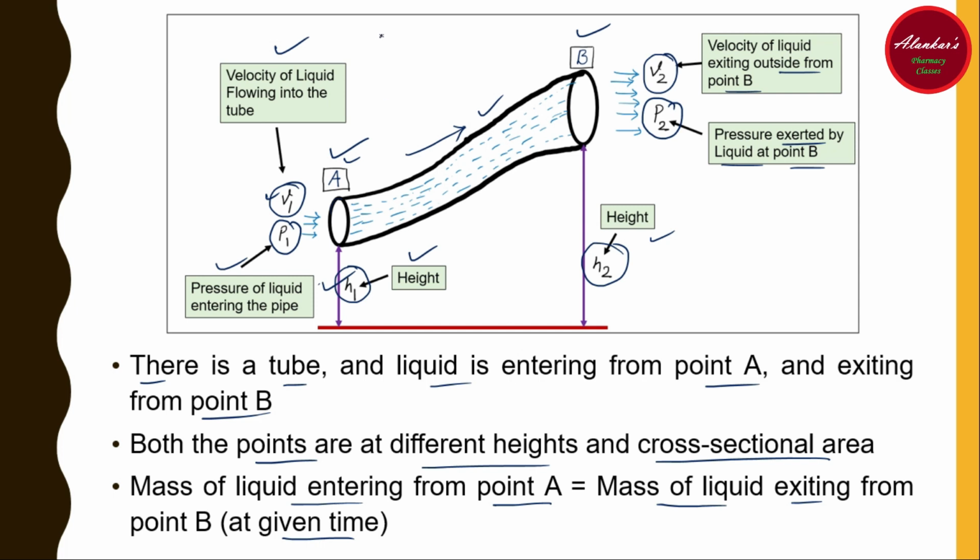As you have already seen, Bernoulli's theorem assumes an ideal flow and an incompressible liquid. Then it is obvious that the amount of liquid entering from point A always equals the amount of liquid exiting from point B.